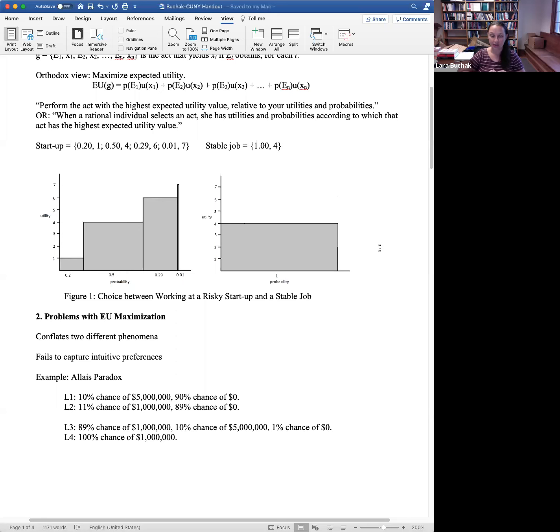So this is a very popular example. It's called the Allais paradox. It's supposed to show that no matter what our view of the utility function is, there are some preferences that can't be captured by any utility function whose expectation we maximize.